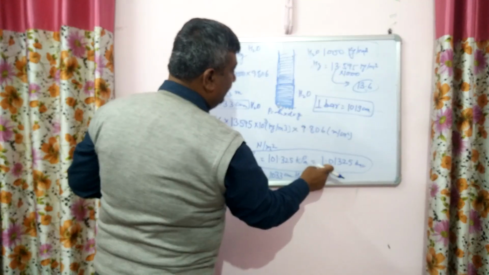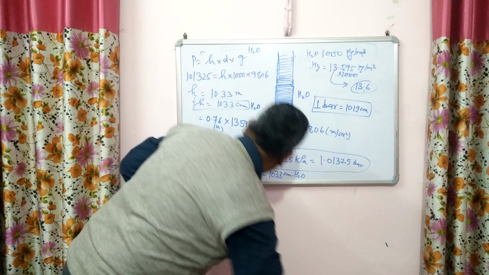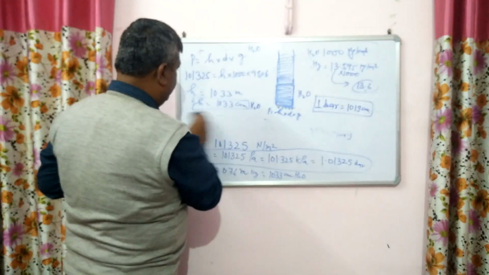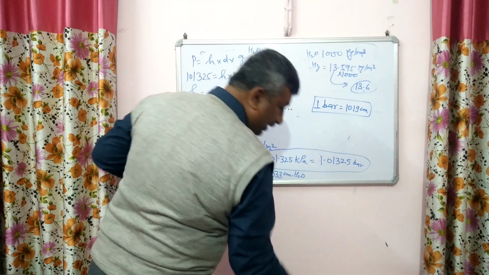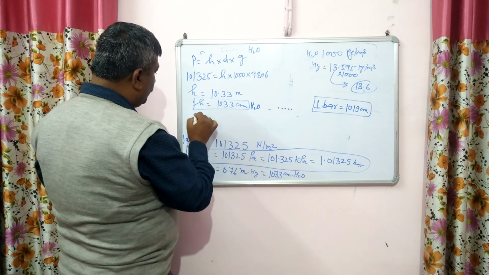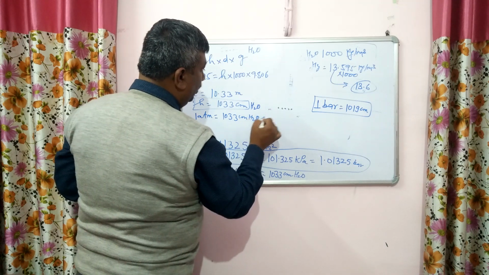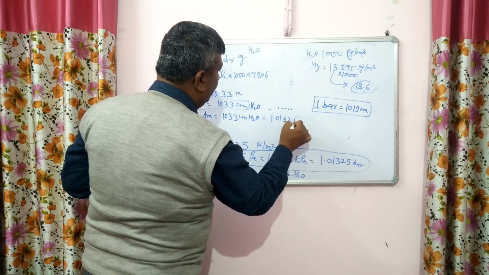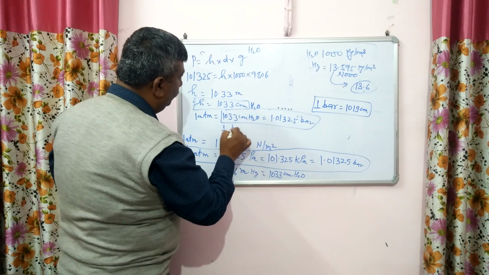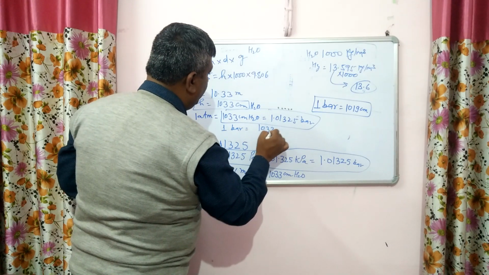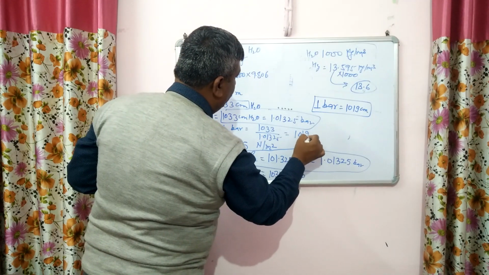How did this 1019 centimeter come? Actually 1 atmospheric pressure is equal to 1033 centimeter water is equal to 1.01325 bar, and we want the relationship between these two. So 1 bar is equal to 1033 divided by 1.01325, which is equal to 1019 centimeter.